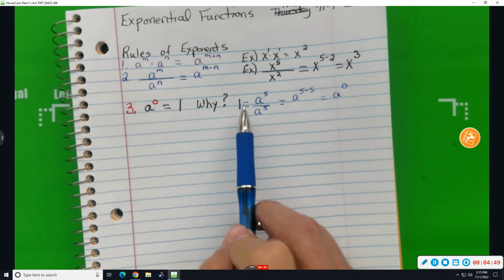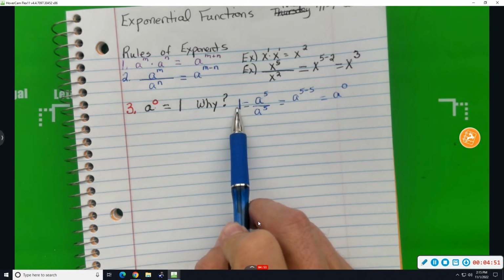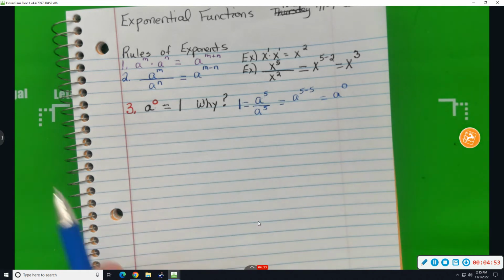Now that rule we'll be using right off when we start doing the problems. Once again, I'm going to state all of the exponent rules that you'll encounter in this course. That was the third one.